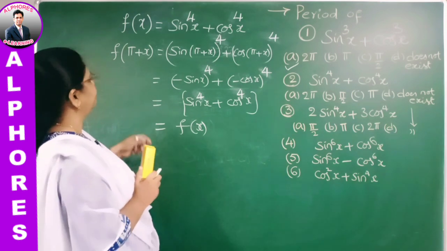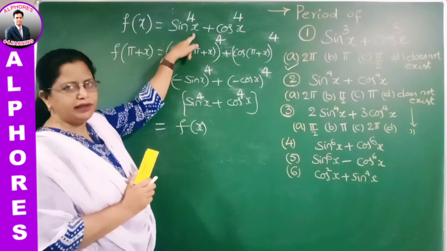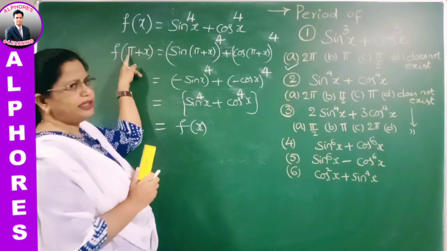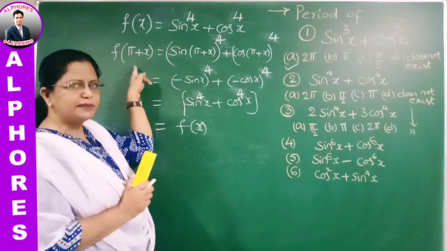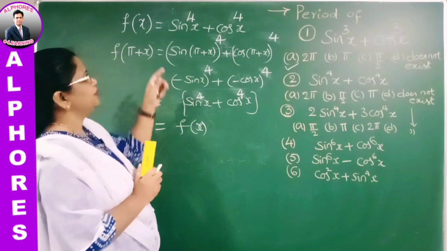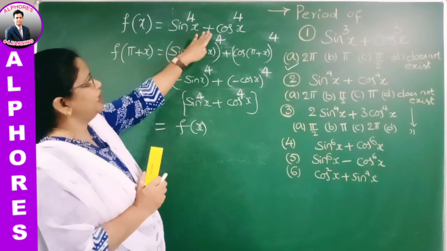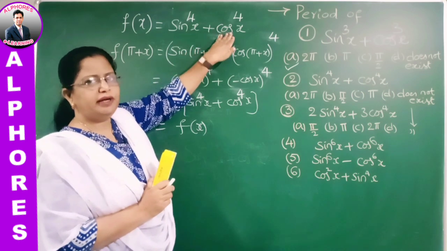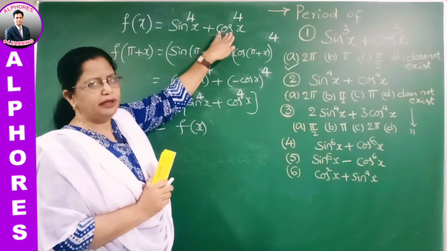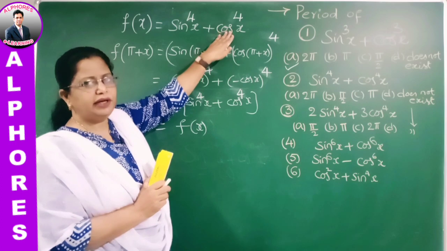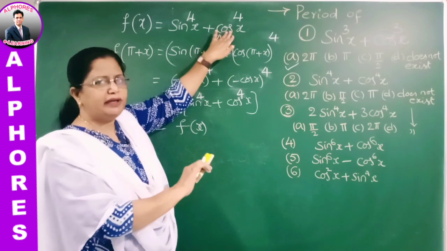Now sin power 4 plus cos power 4 we have taken as f of x. Now we want to replace x by x plus pi by 2. We try this only because these are complementary. Suppose instead of cos power 4 you have tan power 4, then I will be satisfied only with pi, that's it.